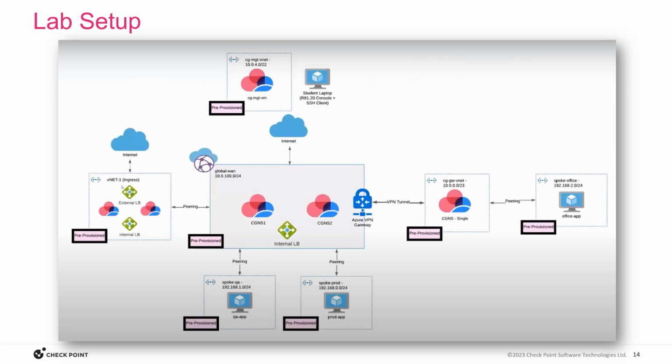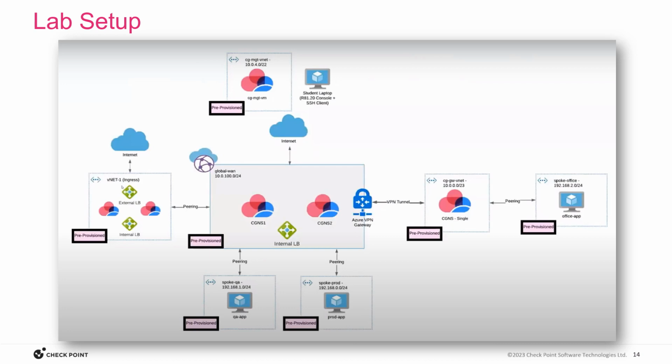For ingress traffic flow, I configured one more VNet, which is my ingress hub or northbound VNet. That is where I configured the Check Point firewall in VMSS mode, and I expose my applications via the public IP of network load balancers.